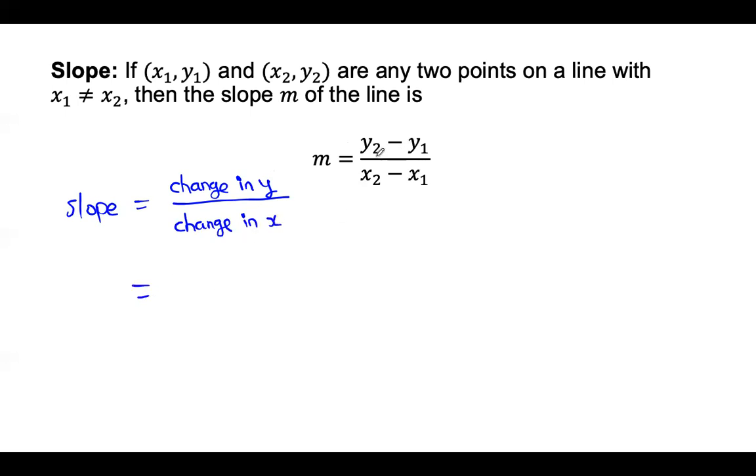So the change in y is just going to be y2 minus y1, because that's that difference. Over x2 minus x1.